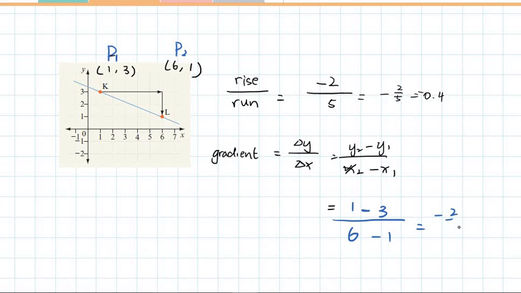So the answer is -2 over 5. If you're using this method, you don't have to think as much about the direction or the negative sign. I find the gradient method, change of y over change of x, is easier, and it relates back to the definition of the gradient, which is about how much change in y there is for 1 unit measured in x. That corresponds with our definition.